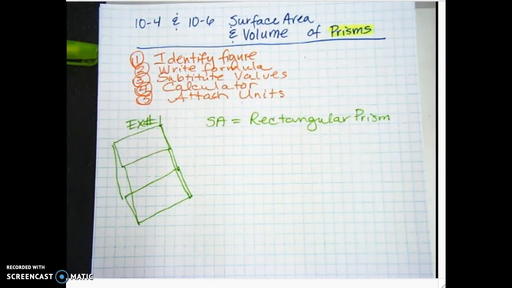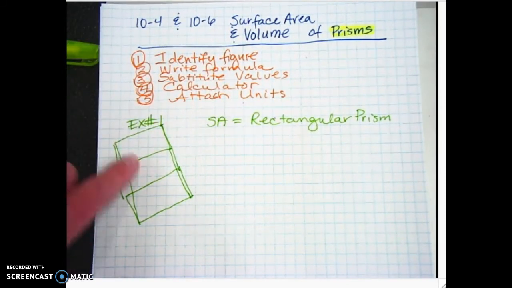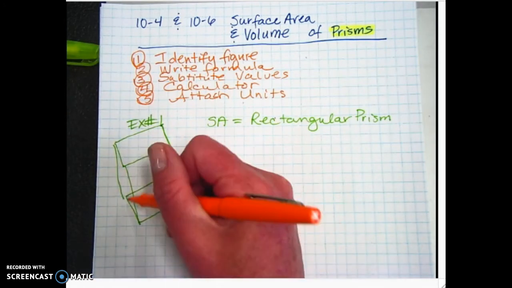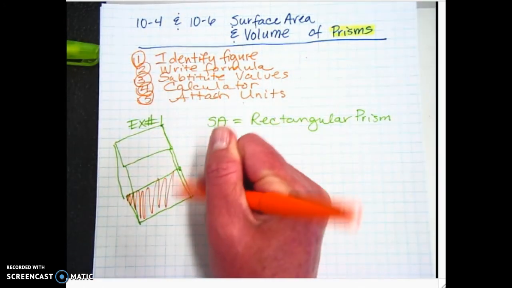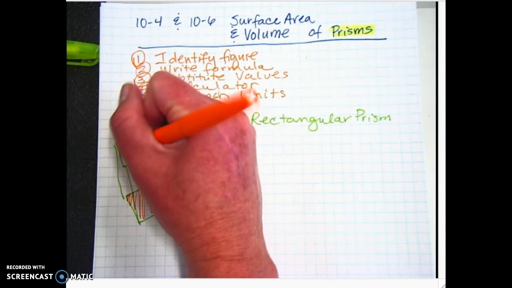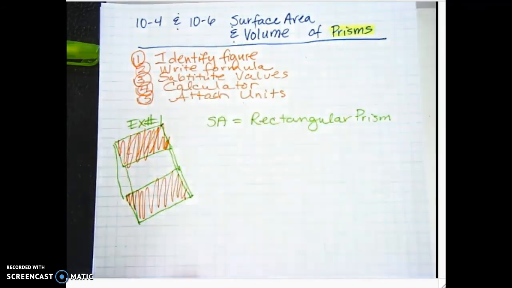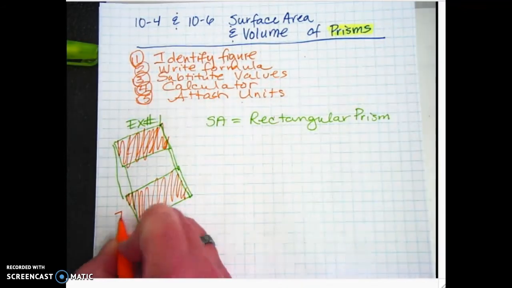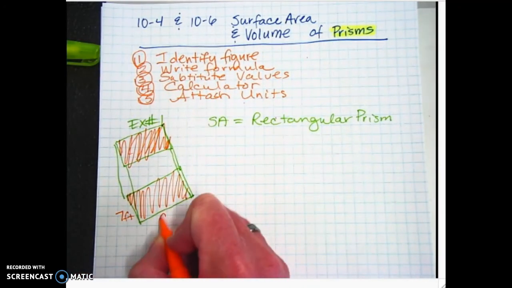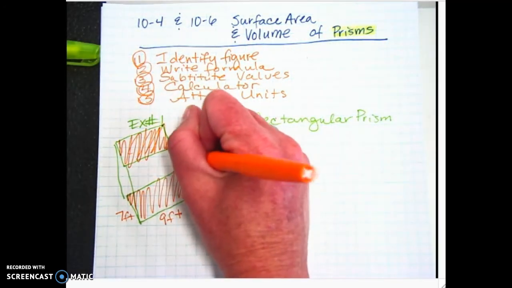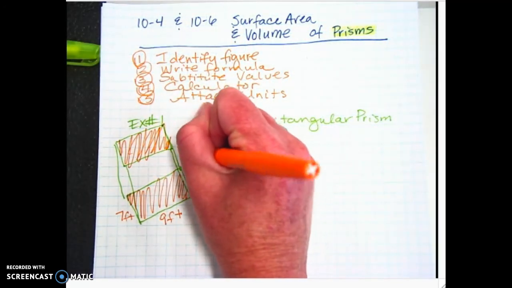So I drew 2 rectangles and then I connected the vertices on the top and the bottom. I'm going to use the bottom rectangle as my first base, and the top as my second base, and then I'm going to give you guys some measurements. So this is going to be 7 feet right here. This is going to be 9 feet, and we're going to have a height of 14 feet.